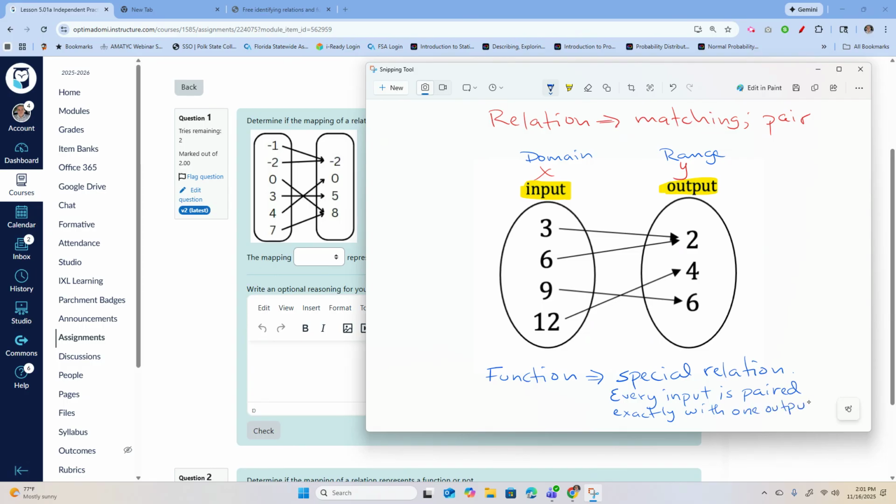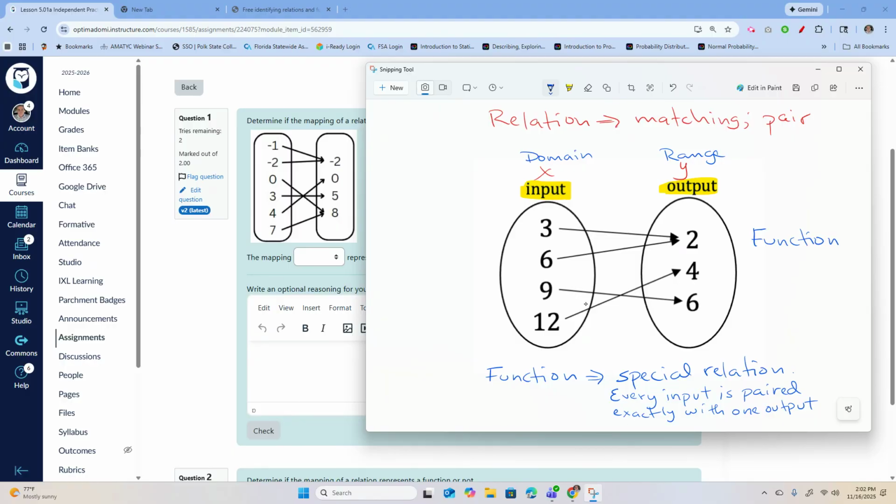So every input is matched exactly with one output. So 3 is matched exactly with 2. 6 is matched exactly with 2. 9 is matched exactly with 6. 12 is matched exactly with 4. So this is going to be a function because every input is matched exactly with one output.